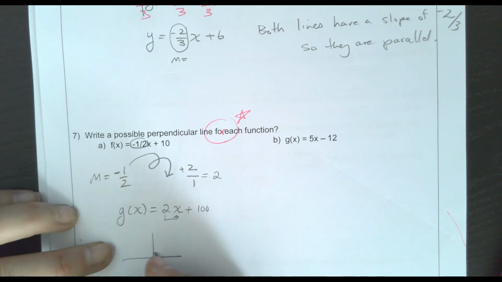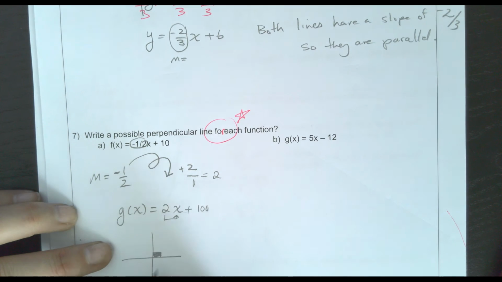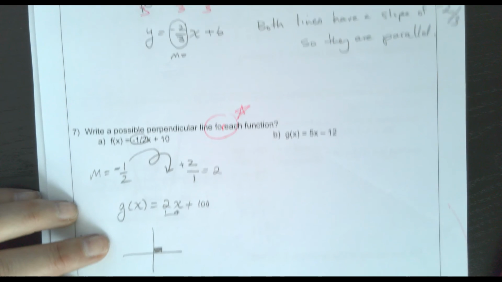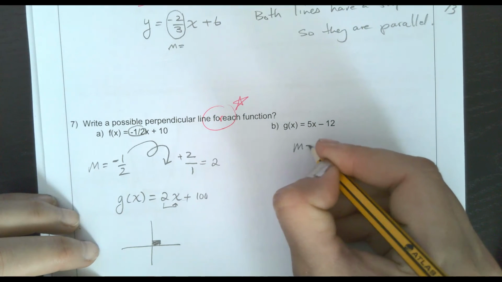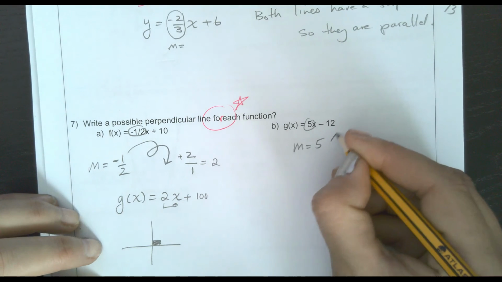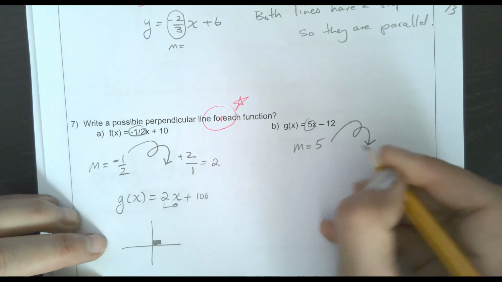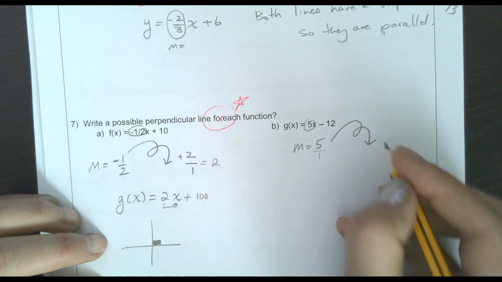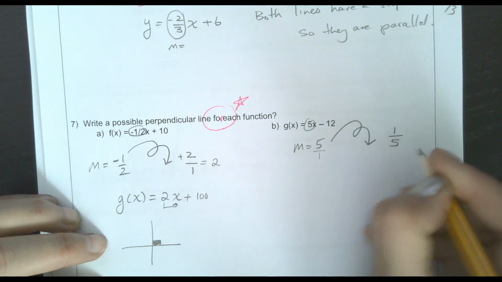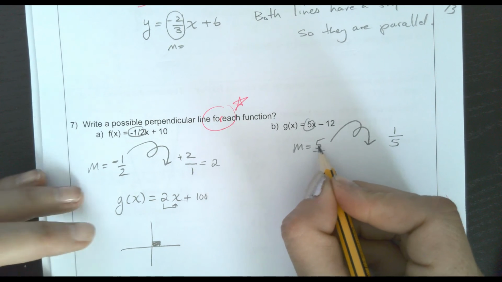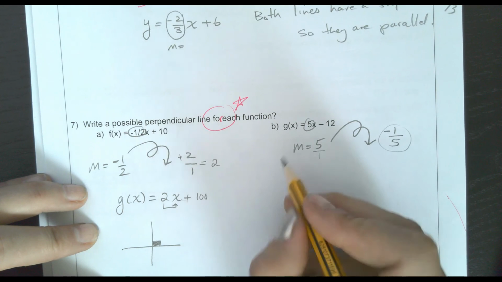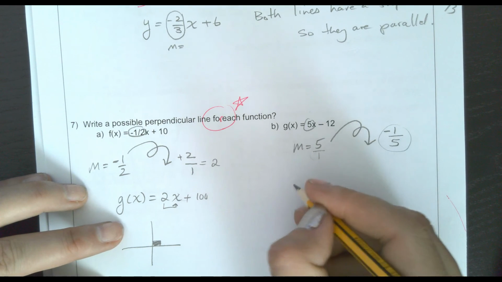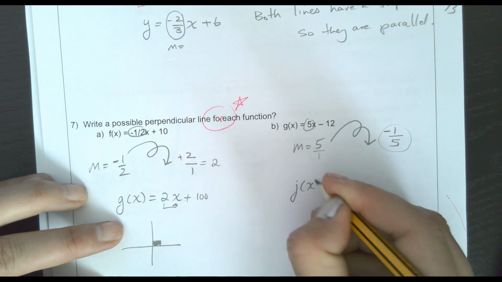So if I drew them, there would be a 90-degree angle in between both of them. So let's do the next one. So my slope is equal to 5. So I need to do the reciprocal. That's really 5/1. So the reciprocal is 1/5. But remember, if this is positive, you have to change it to negative. So if this is g of x, the new function will be j of x.